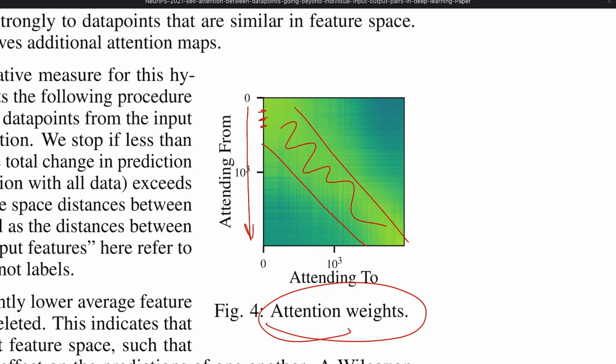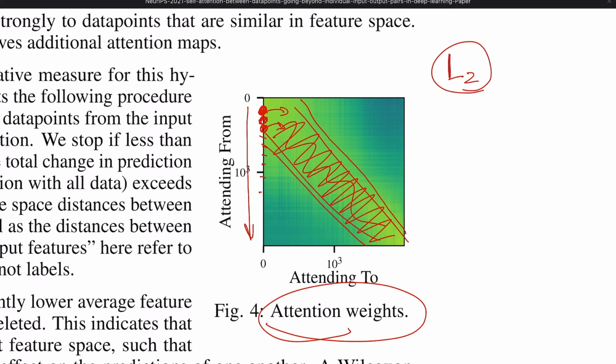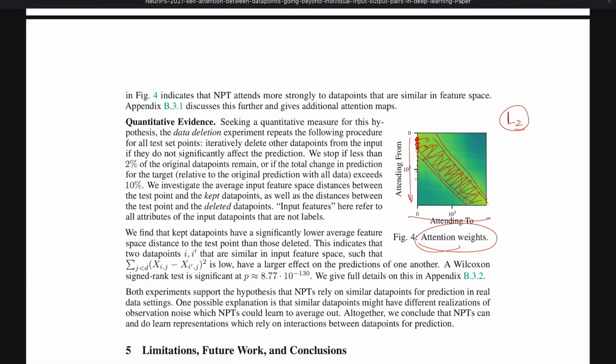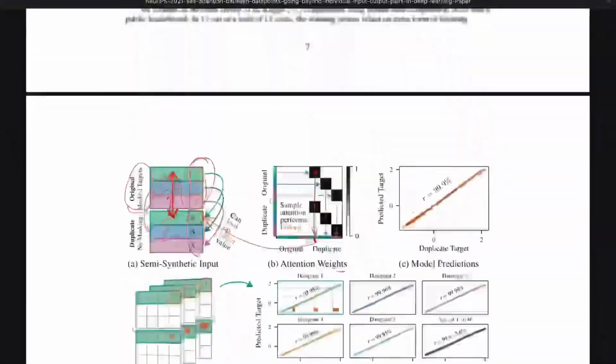So similar points are close in the space, and you can see that similar points attend to nearby points, because this part represents the nearby points. So essentially, this model learns to look at the L2 between data points.